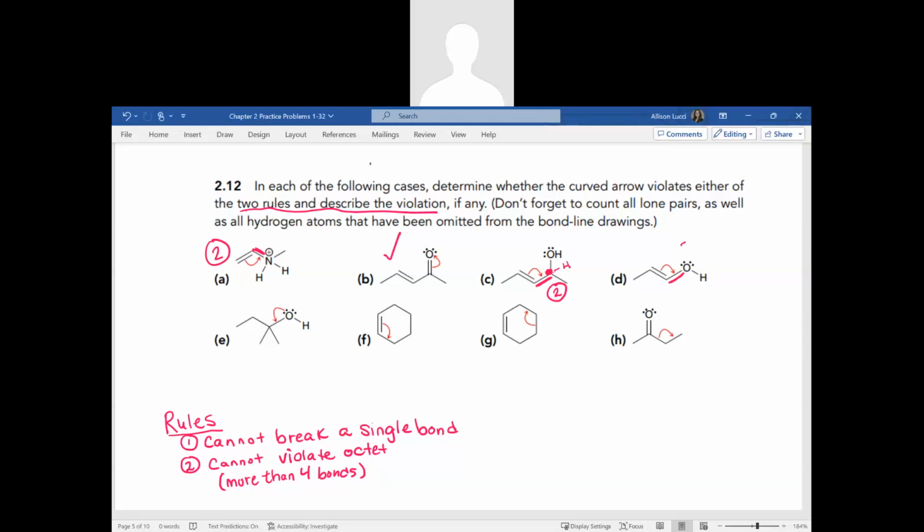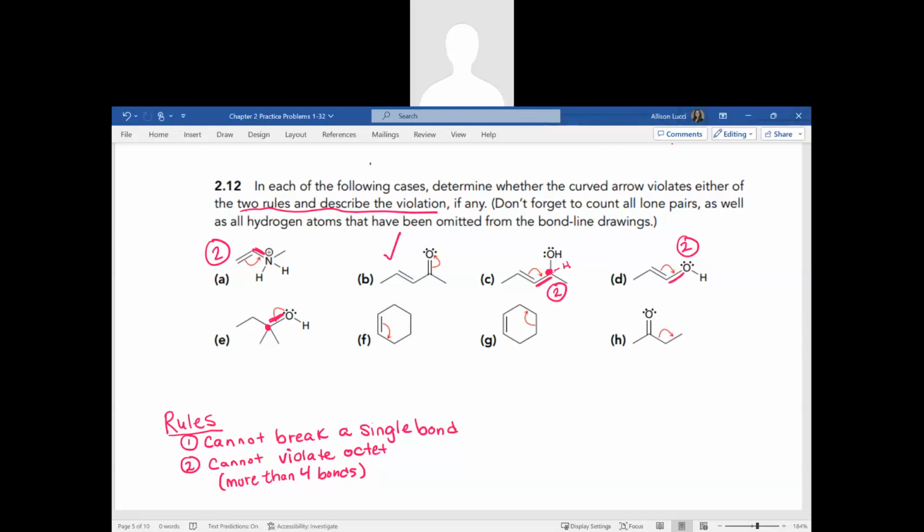So rule number 2. Then we have down here, with molecule E, we would also violate the octet when these electrons are moved. The oxygen is fine, but this carbon over here now would have 5 bonds, so that would violate its octet.